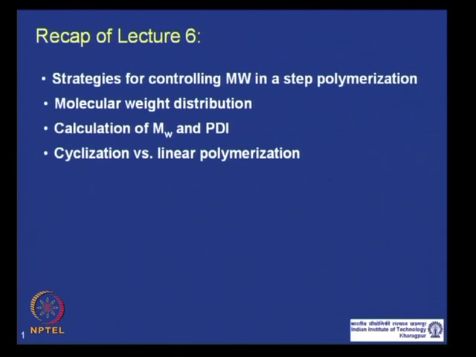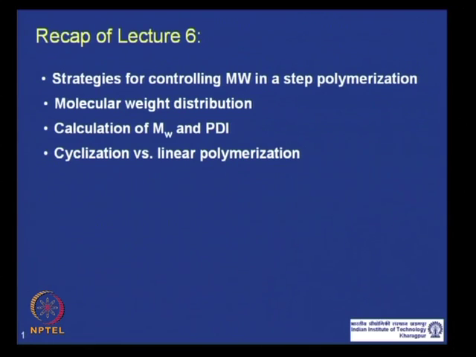If you talk about weight fraction, then the weight fraction of different chain length was maximum for a given molecular weight. We did a calculation to find out Mw and the corresponding PDI, polydispersity index, which is Mw by Mn, and we found that PDI is equal to 1 plus P.